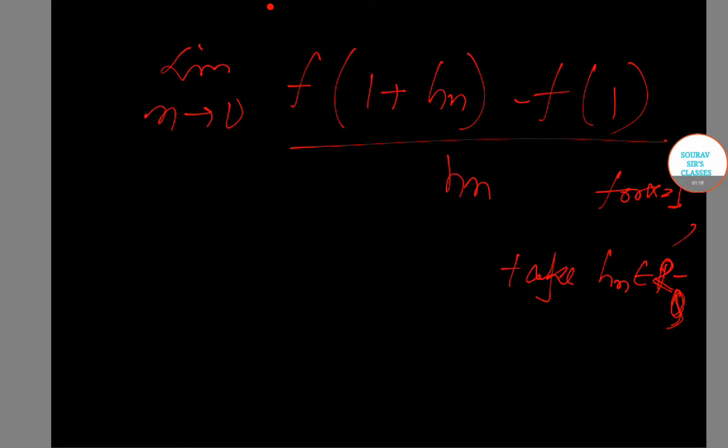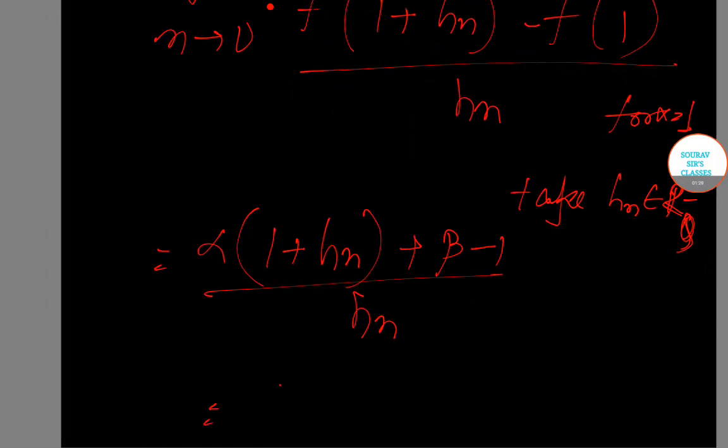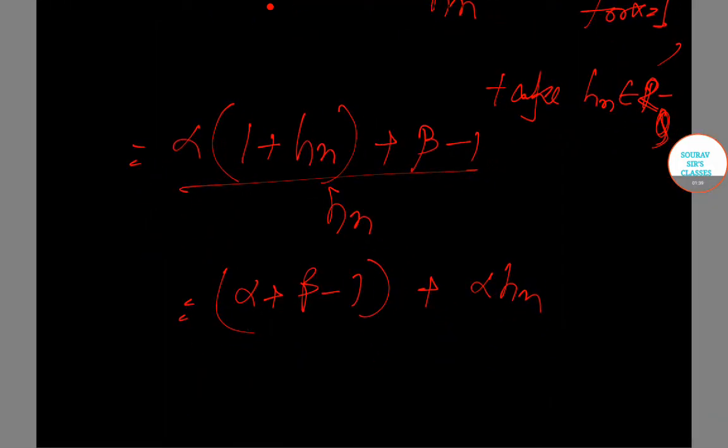So this equals alpha multiplied by 1 plus h_n plus beta minus 1 by h_n, which equals alpha plus beta minus 1 plus alpha h_n, by h_n.